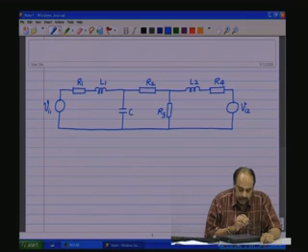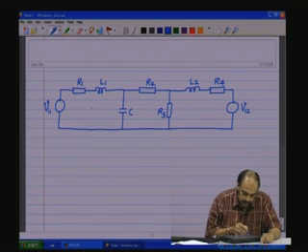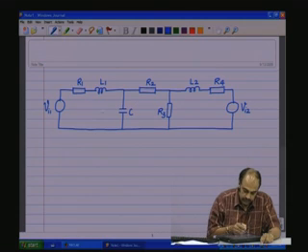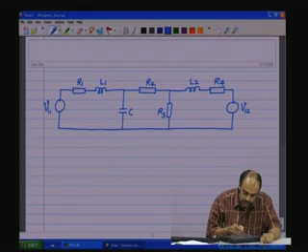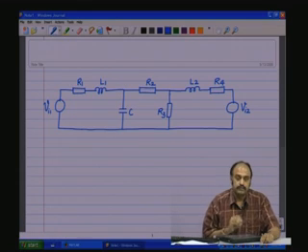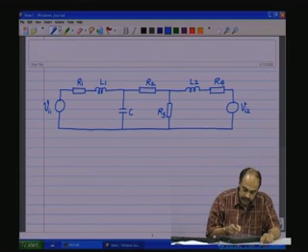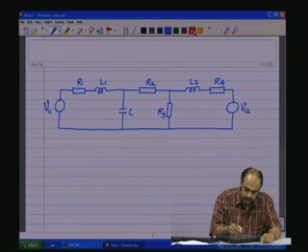So, this is the circuit. You see that there is a loop here, there is another loop here and there another loop here. So, there are three voltage junctions and there are two nodes here. One node is at this point, another node is at this point.